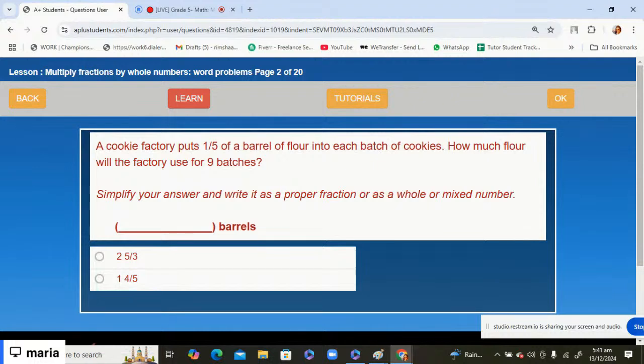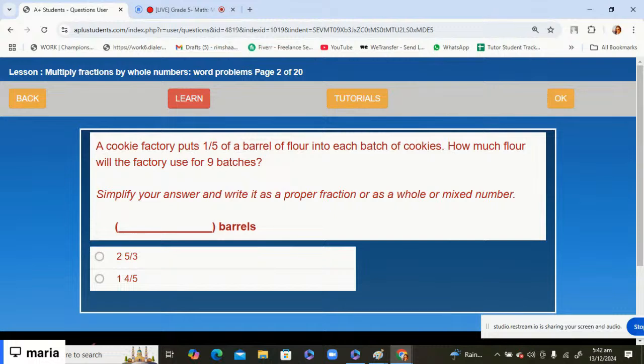So a cookie factory puts 1/5 of a barrel of flour into each batch of cookies. How much flour will the factory use for 9 batches? Simplify your answer and write it as a proper fraction or as a whole or mixed number. So 1/5 times 9. What's the answer when you get it?